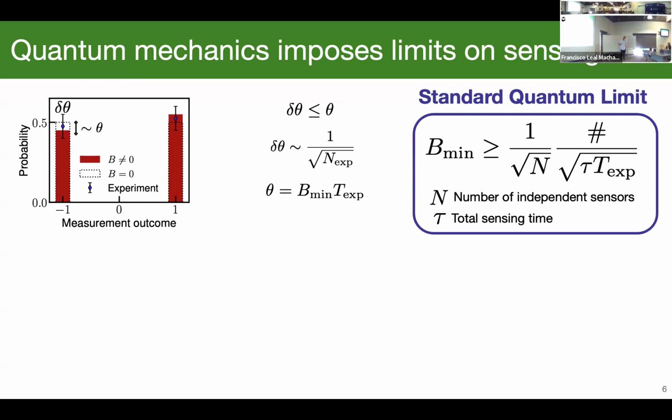This tells us there is a fundamental limit to how small a field I can measure, scaling-wise, if I have a certain number of sensors, a particular amount of integration time, and each experiment takes some time. So hopefully this is a review, and gives you a quick and dirty way of explaining the origin of this scaling.